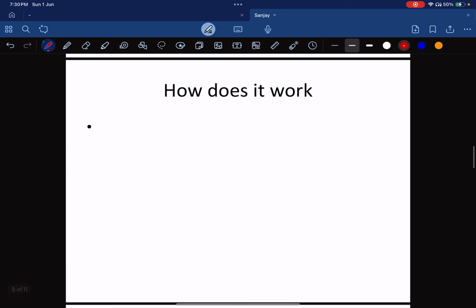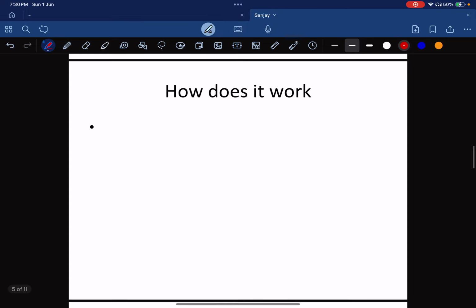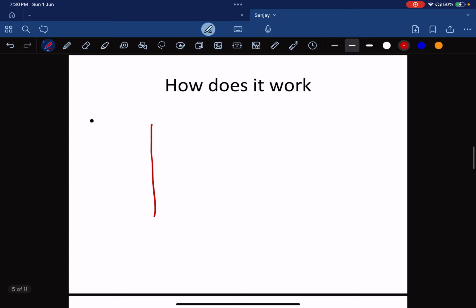How does it work? In SVM, for better understanding, I will draw the graph. Usually we train on a labeled data set, right? So let's draw the class 1 data points. And these are the class 2 data points.